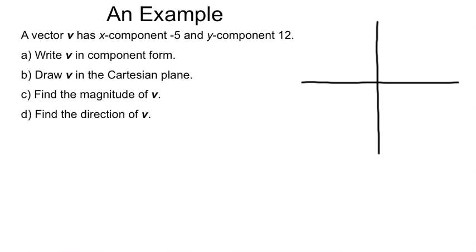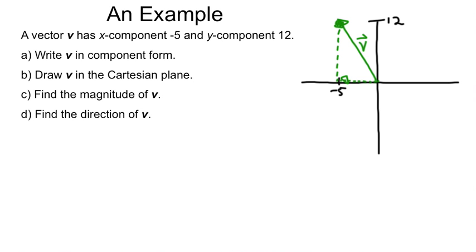I'm going -5 units in the x direction, so maybe right here I'll say is -5. And I'm going 12 units in the y direction, so maybe I'll say way up here is 12. And so if my vector is going to go -5 in the x direction and then 12 in the y direction, that means that this is my vector right here. And this would be our vector v, we're calling it.